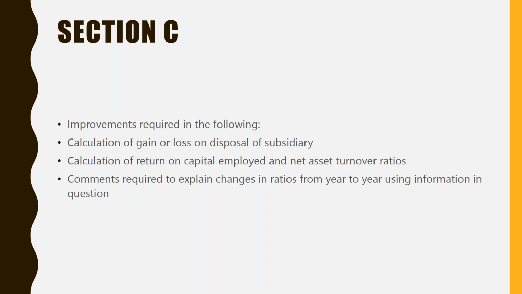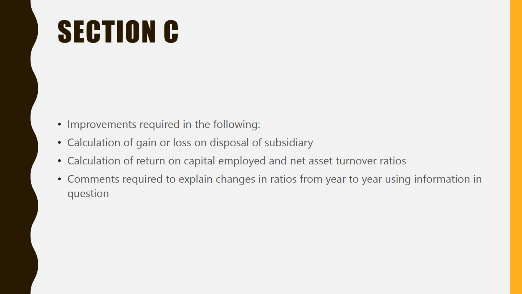This we normally do by taking disposal proceeds, how much you sold the subsidiary for, less three elements: the net assets of the subsidiary at the date of sale, plus the goodwill that you would have still sitting on the balance sheet, minus non-controlling interest.